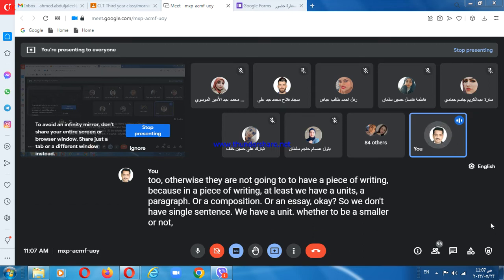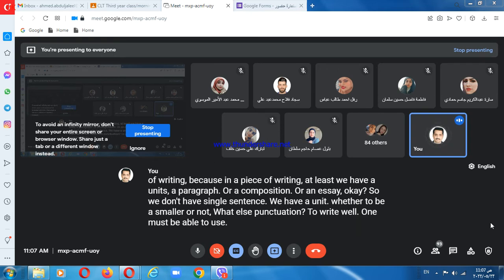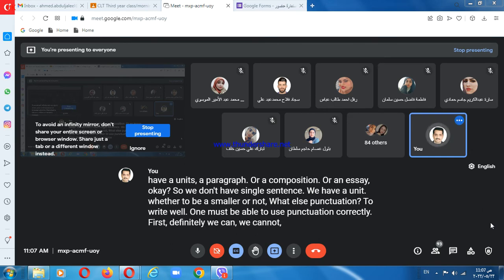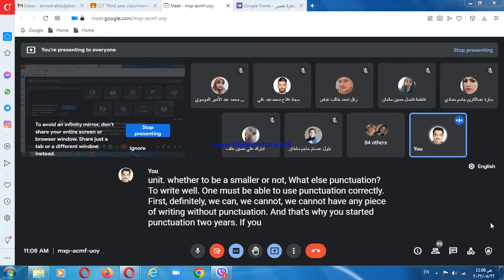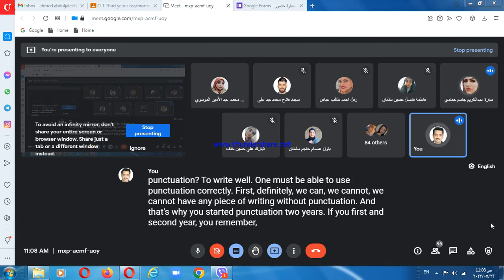What else? Punctuation. To write well, one must be able to use punctuation correctly. Of course, we cannot have any piece of writing without punctuation, and that's why you studied punctuation for 2 years, first year and second year, composition writing.